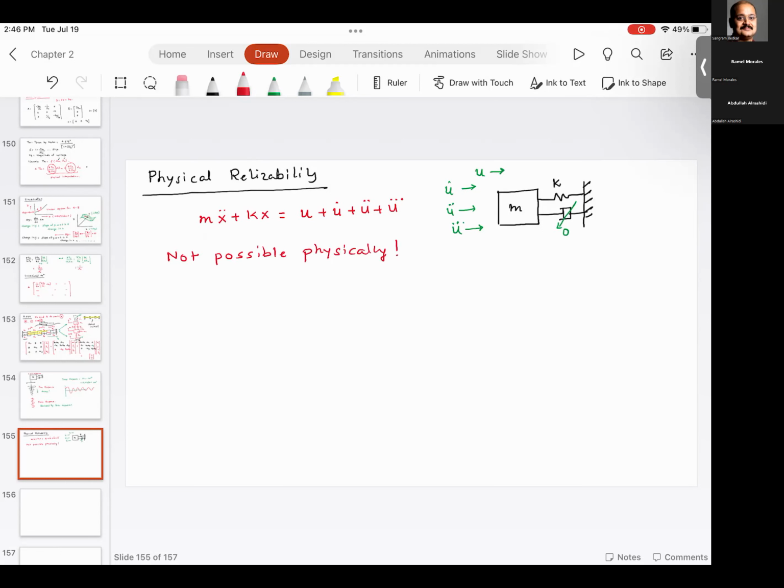And let me put this discussion into the perspective of transfer functions. So if I were to convert this system into a transfer function, x is going to be my output and u is going to be my input.